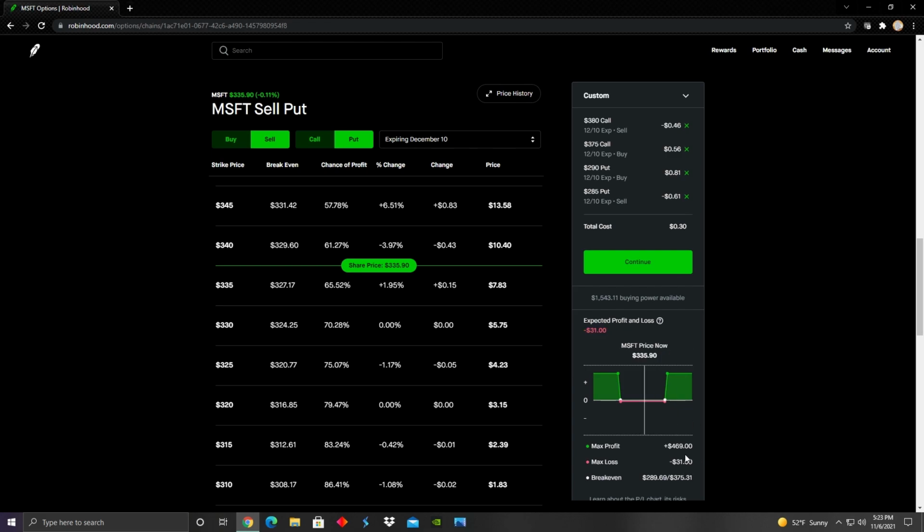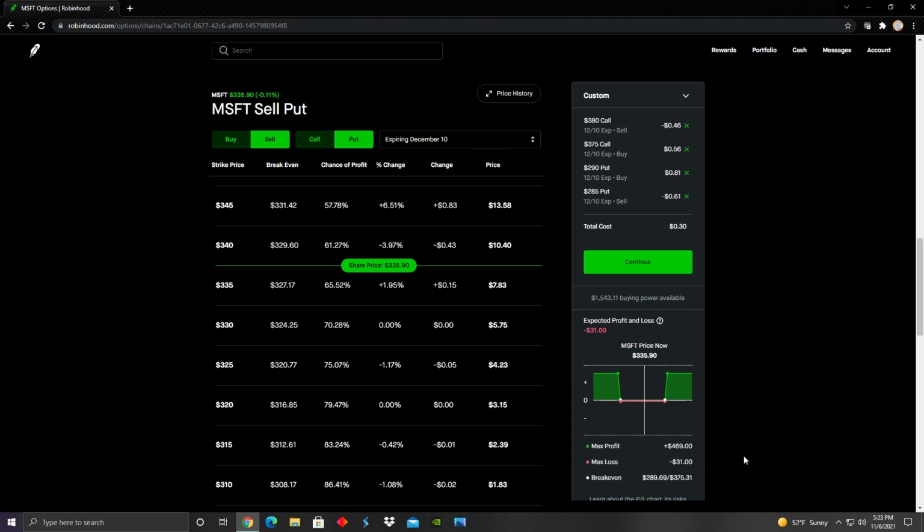And that can easily be seen as just being a reverse of the max profit and max loss of the long iron condor. So in this case, if someone were to short the 290 put, go long on the 285 put, and then short the 375 call and go long on the 380 call, they would essentially be risking $469 for the potential max profit of $31.